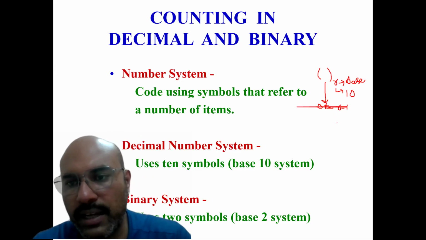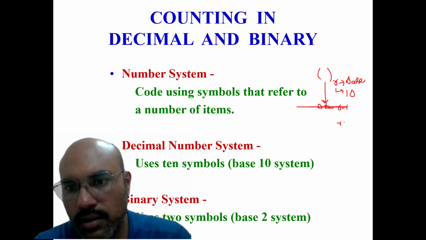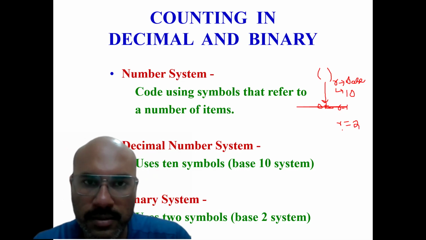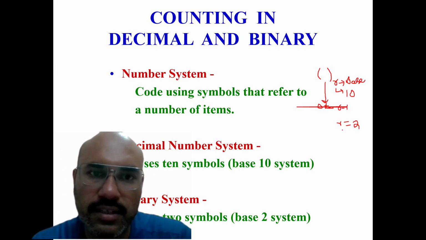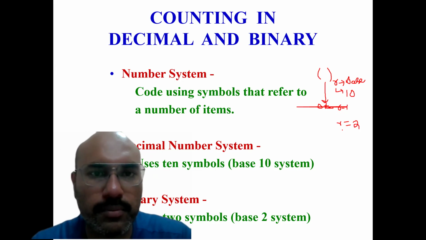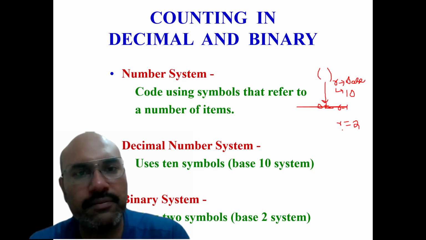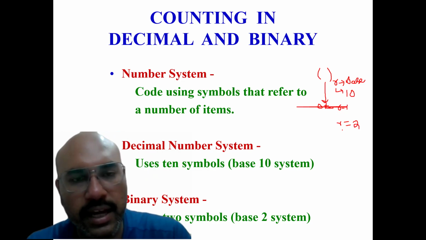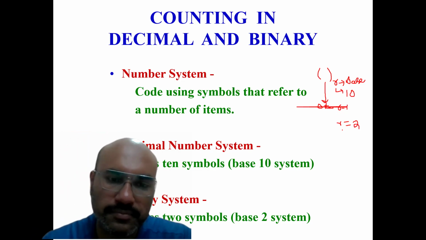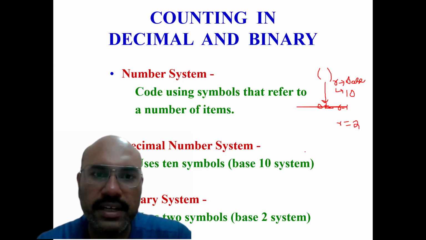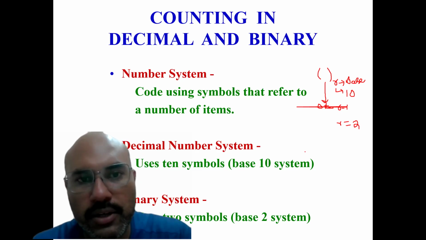Similarly, in the case of binary, the value of R is 2, so the symbols will be from 0 to 2 minus 1, that is 1. So only two numbers, 0 and 1, will be there. Similarly, for octal we have 0 to 7, and in hexadecimal, we have 0 to 15. So this is how we represent a number system by looking at the base of that particular number.